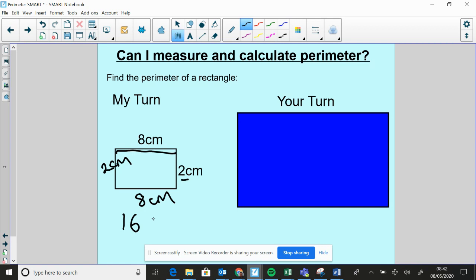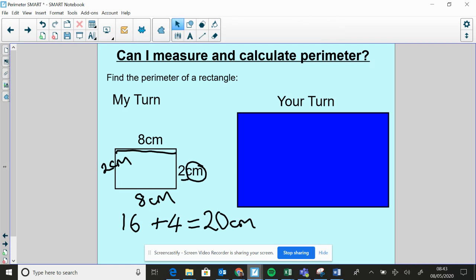And I've got 2 plus 2 is 4. So I did a little bit of mental calculation, but also just jotting some stuff down. So the answer is 20, but I must remember we are measuring distance around something. We must also put the units there, which is centimeters in this example.